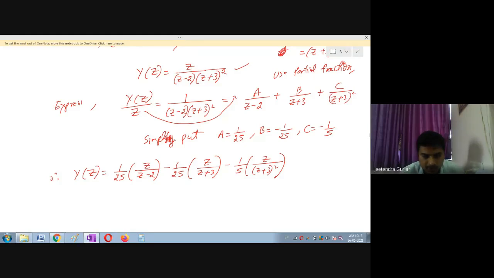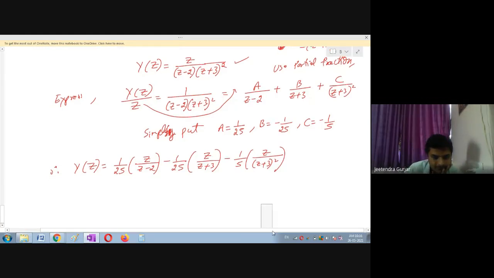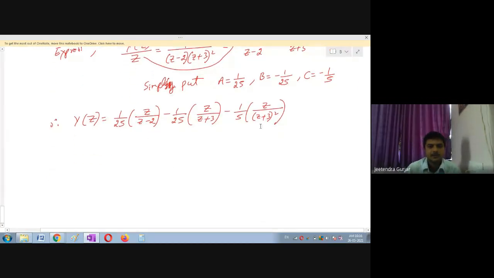Omkar, you got the same answer? I am waiting for your answer. Please unmute and tell me. Yes, Abhishek, please check. Is this plus or what? So it's minus. Minus only? Okay. I think everyone got the same answer.